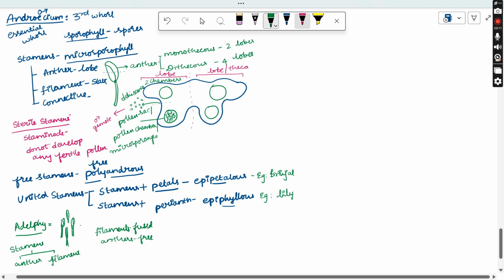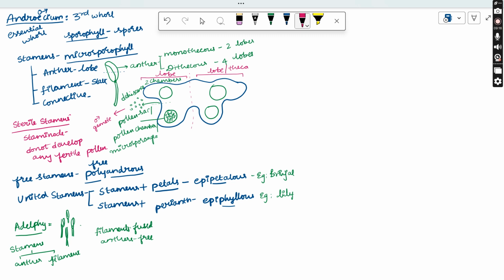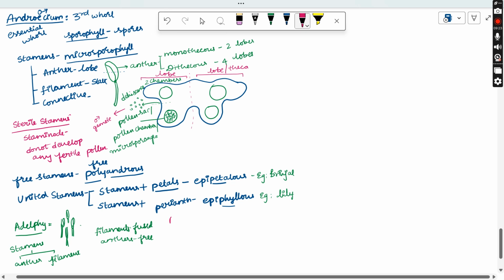Based on that, we are discussing the different types of stamens. So here monoadelphous or monodelphous condition. Mono means single, whereas adelphous means all the filaments are fused, anthers are free. So in this monodelphous condition, all the filaments fuse into one bundle.